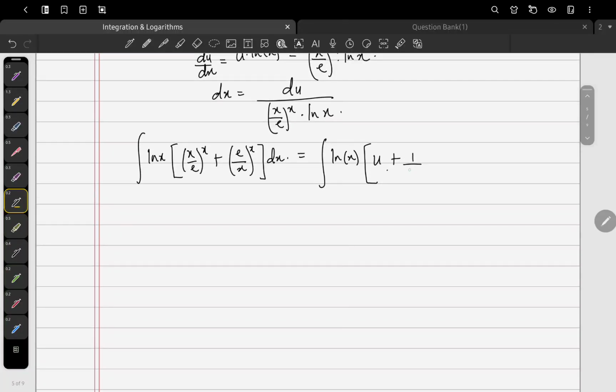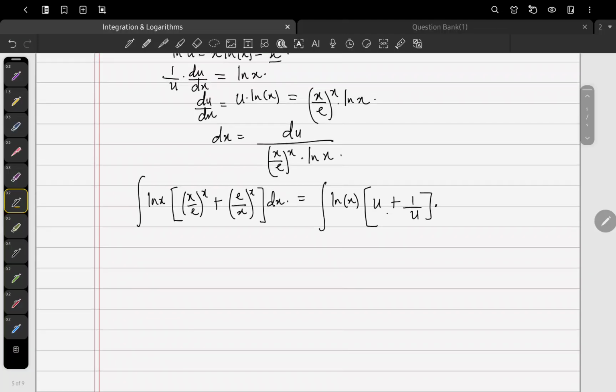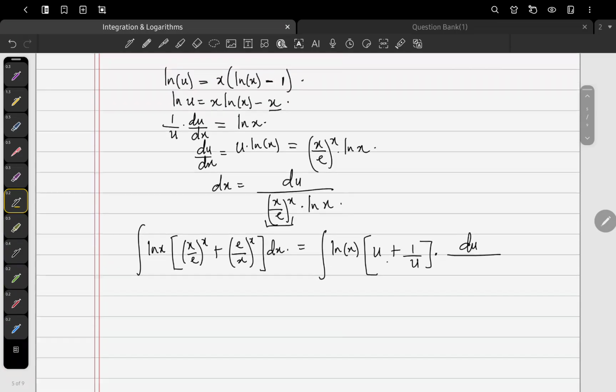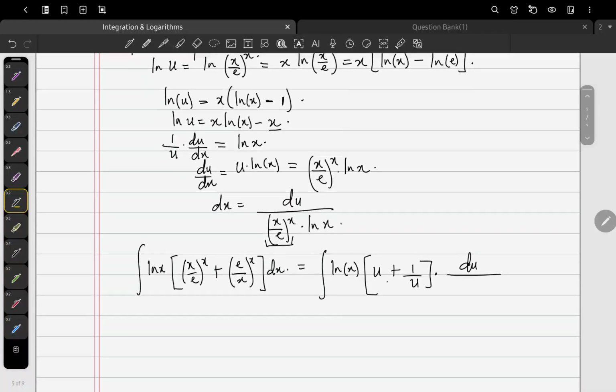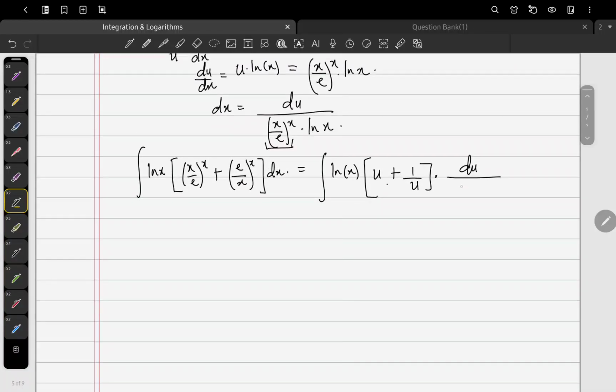So this is 1 over u, times what we got as dx. dx is du over u times natural log of x. When you look at that carefully, (x over e) to the power of x here is our u, isn't that our u? That is our u.